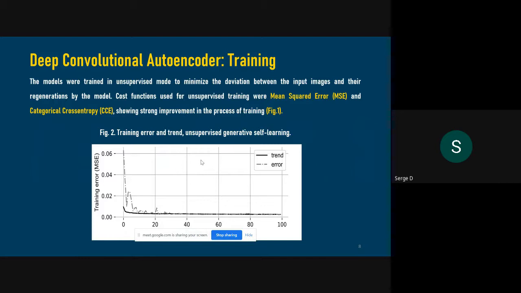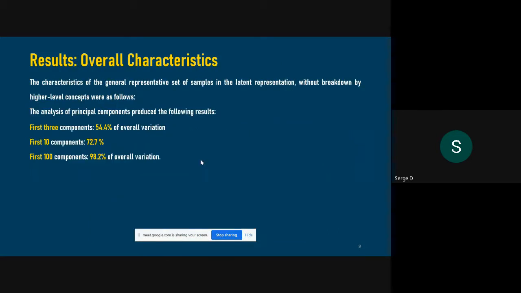So these are some slides on training. As I said, it's pretty standard. There is nothing specific in this study about the training. With normal gradient descent type algorithms, the model is trained until a plateau is reached in the value of the cost function. So as a result of training, we obtain a latent representation of a data set.